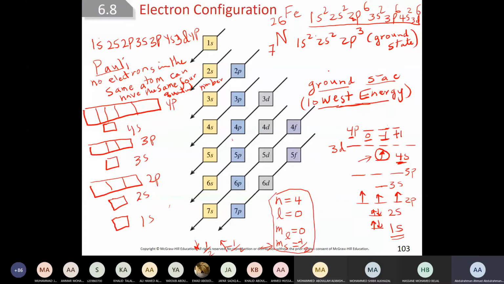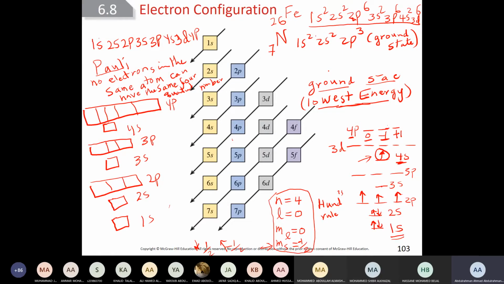Hund's rule, exactly. Don't forget Hund's rule. You have to memorize this. And we put the electrons like so. I hope it's clear.